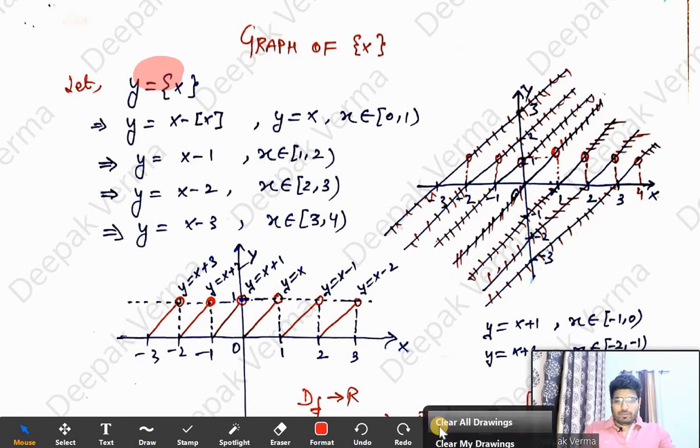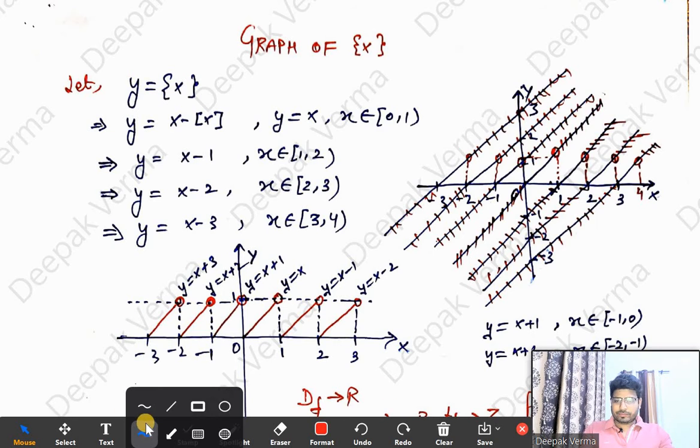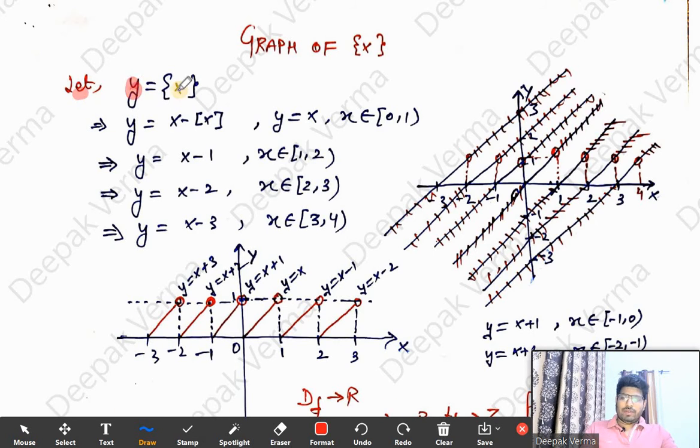Fine. Now let us take a look at the graph of the fractional part of x. Let y equal the fractional part of x. Since we know that the fractional part of x can be written as x minus box x, the number minus its integral part, it's the distance between the number and its integral part.